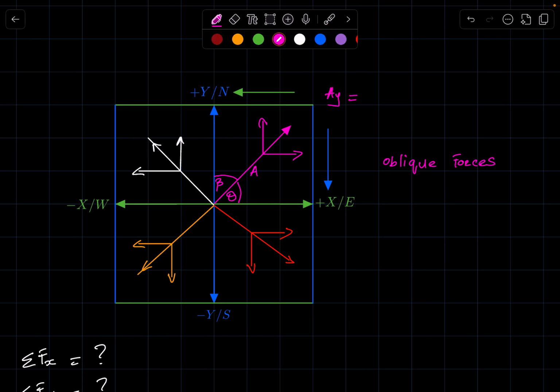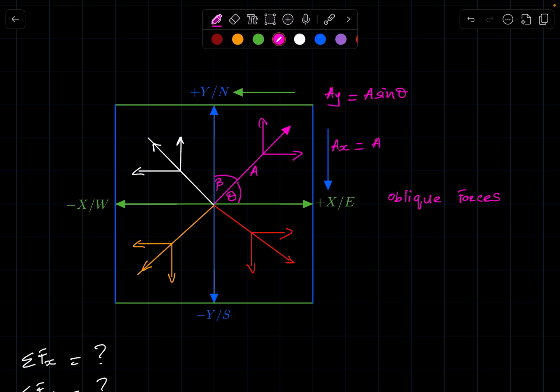The oblique vector is A. Now if the angle you are using is a reference from the x-axis, then this will be in terms of sine theta. And then the horizontal component of A, so A in the x direction, you look at the direction of your vector, it is headed towards the positive x direction, so this remains positive.